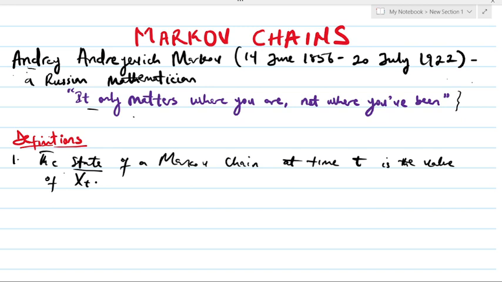So when we talk about the state of a Markov chain, we actually need the value of your random variable at time t.